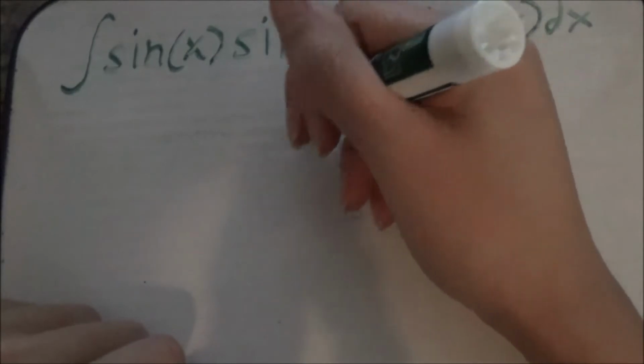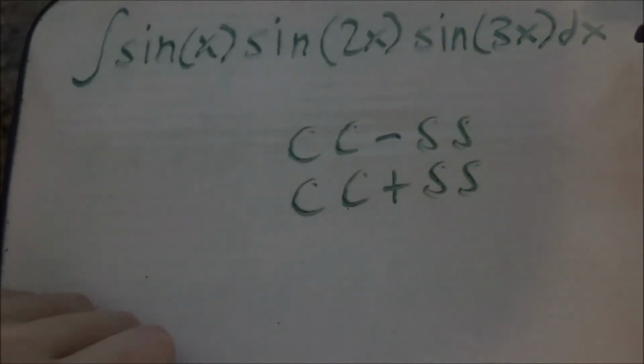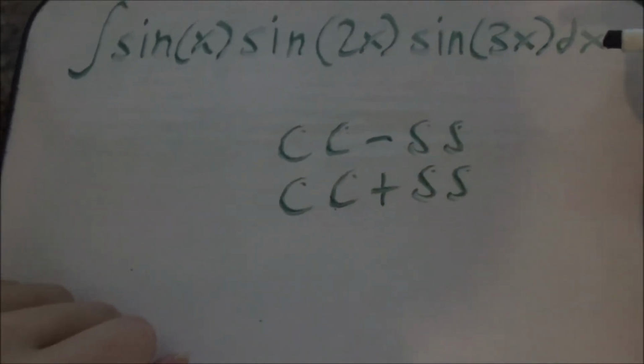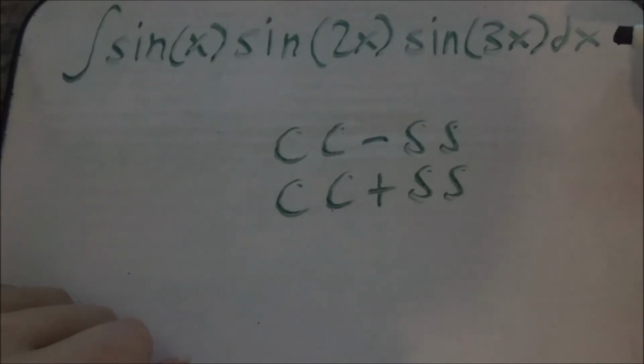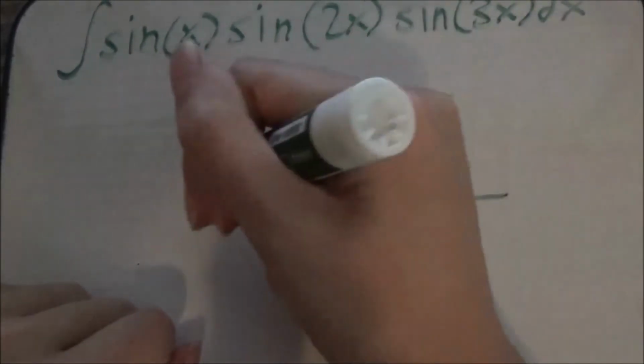In this case, I forgot it, but I have a backup memory for this. In order for me to have cosine, sine, this has to be minus.